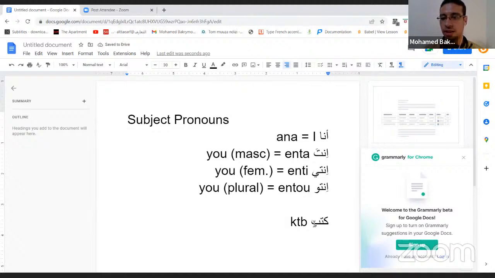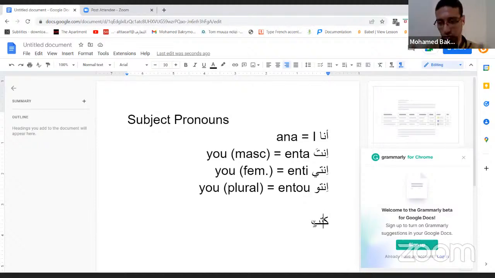Okay, so we don't write the short vowels. However, for texts, of course, we will be using short vowels because we use them with non-natives and in children's books and in religious texts, but in normal books and in the newspapers they are not written.